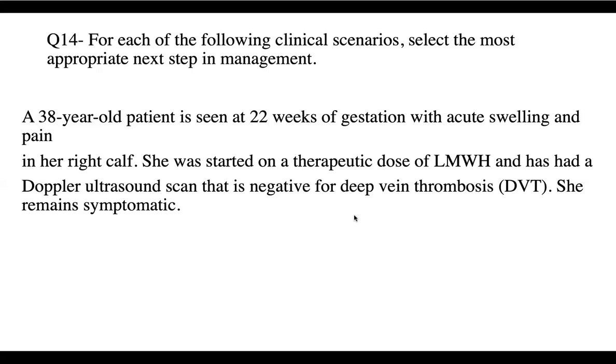So, a 38-year-old patient is seen at 22 weeks of gestation with acute swelling and pain in her right calf. She was started on a therapeutic dose of low molecular weight heparin and had a Doppler ultrasound scan, which was negative for deep venous thrombosis, and she remained symptomatic. So in the case of DVT, be careful: if you find that the scan is normal, what will you do next?